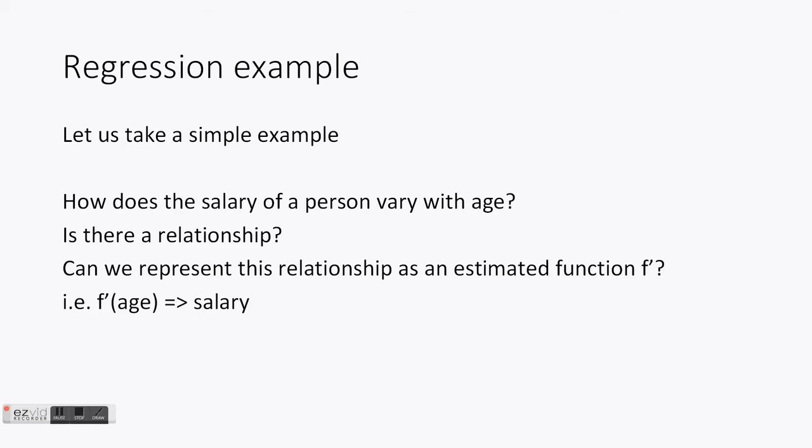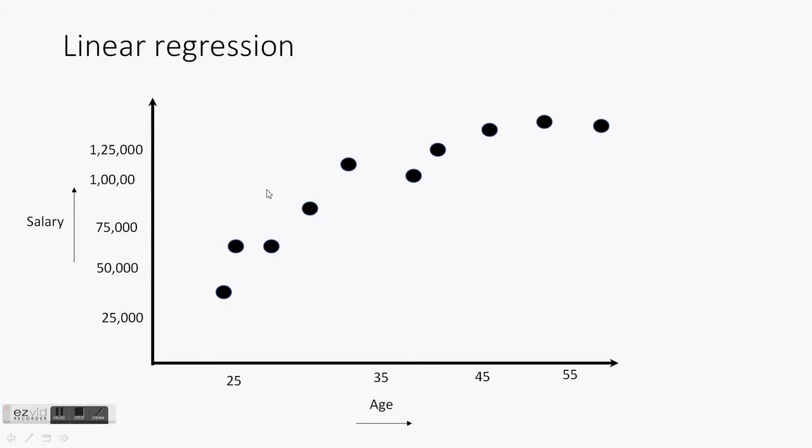So just assuming that we had this sort of plot where we had age on the x-axis, 25, 35, 45, 55 years old, and the salary in either rupees or dollars or whatever currency you may be interested in.